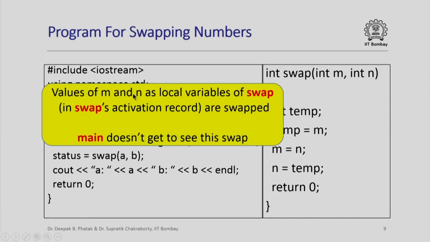So values of m and n as local variables of swap are swapped, but we can't get to see this when we get back to main because that entire activation record for swap in which its local variables were stored and swapped is now lost when swap returns to main.